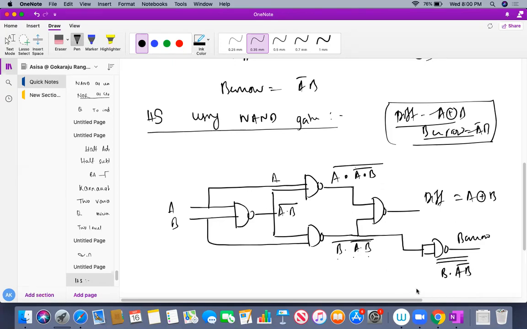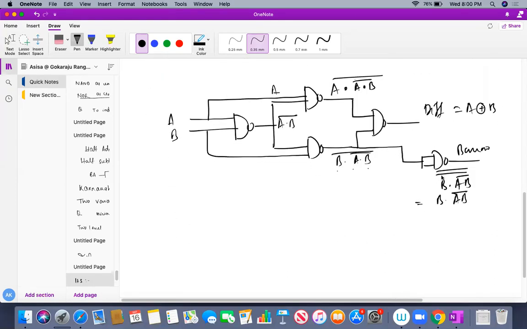So this will be nothing else but B and AB bar. Do you all understand? I can prove that this equation is my A bar B, then it will be correct, because our borrow equation is what students? It's very simple, A bar B.